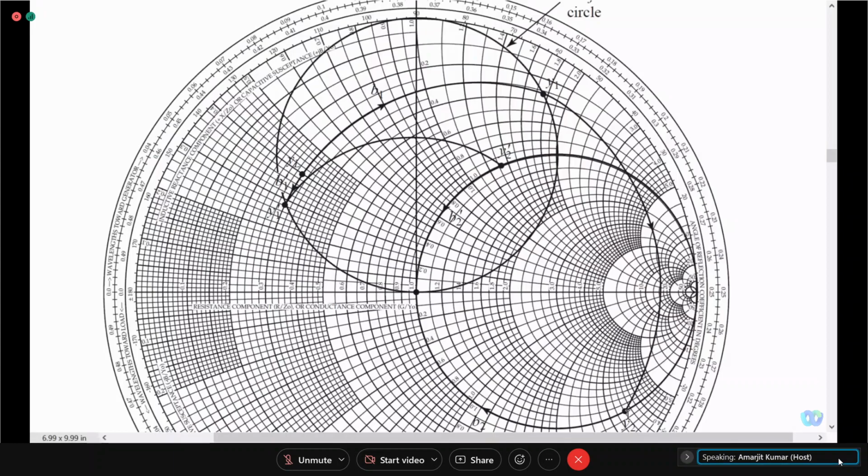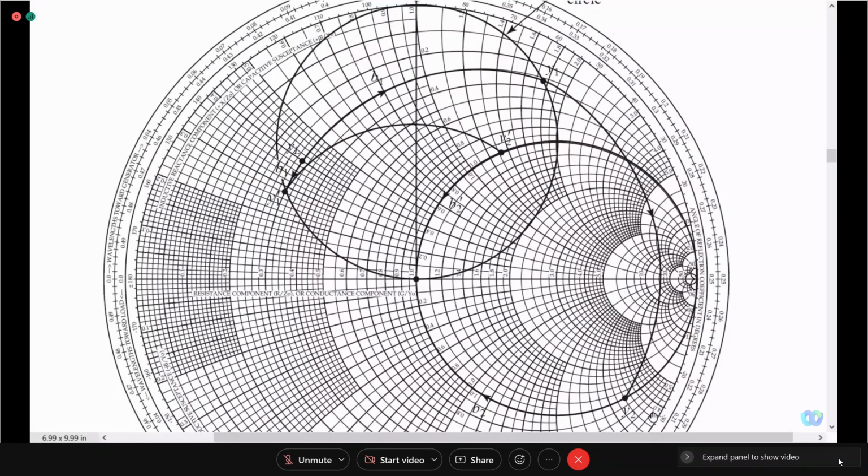What about Y1 dash? Y1 dash go clockwise. How much? 0.125. It is intersecting at this Y2 dash. So Y1 to Y2.